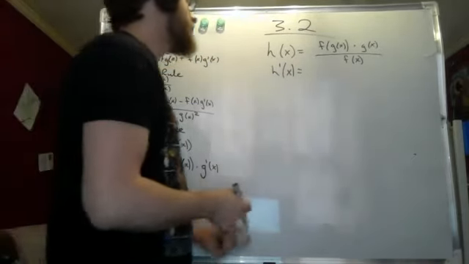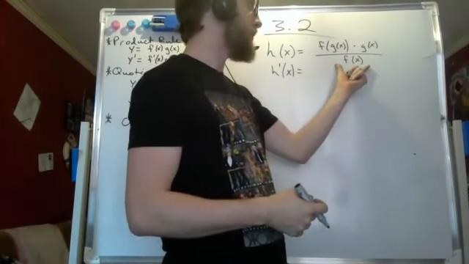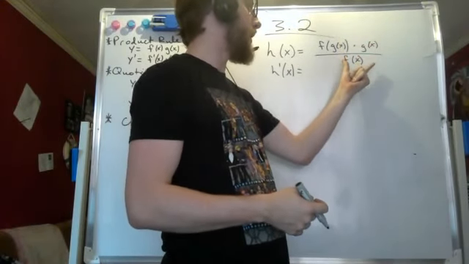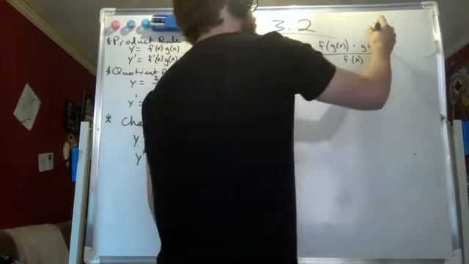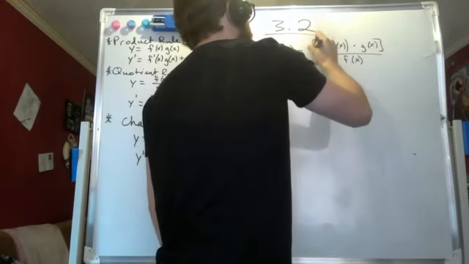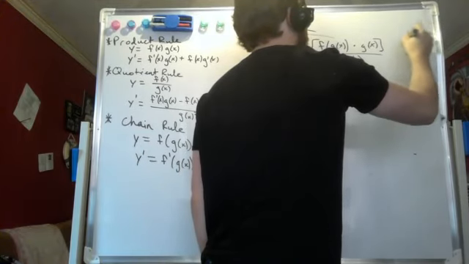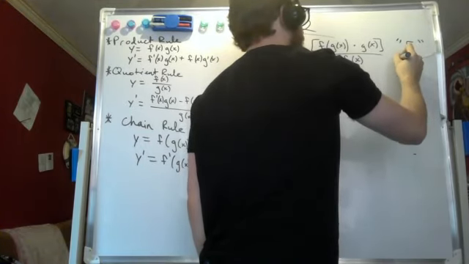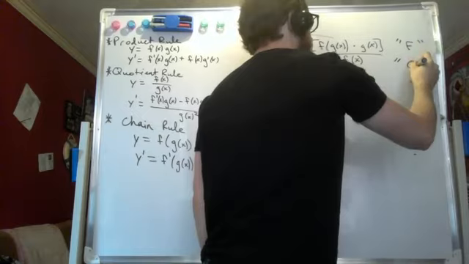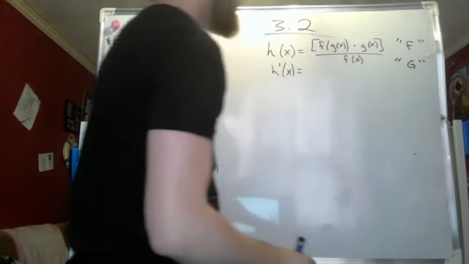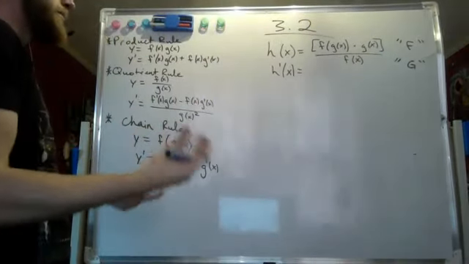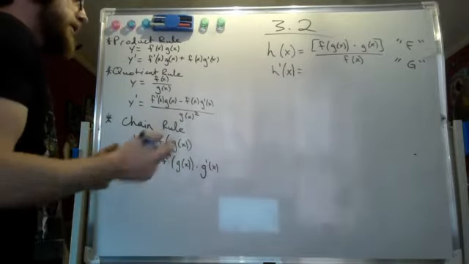So notice first that we have a fraction. We have a function divided by a function. So just to start off, think of this numerator as some big fancy F, and this denominator as some big fancy G. So we have big F divided by big G. How do we get our derivative?